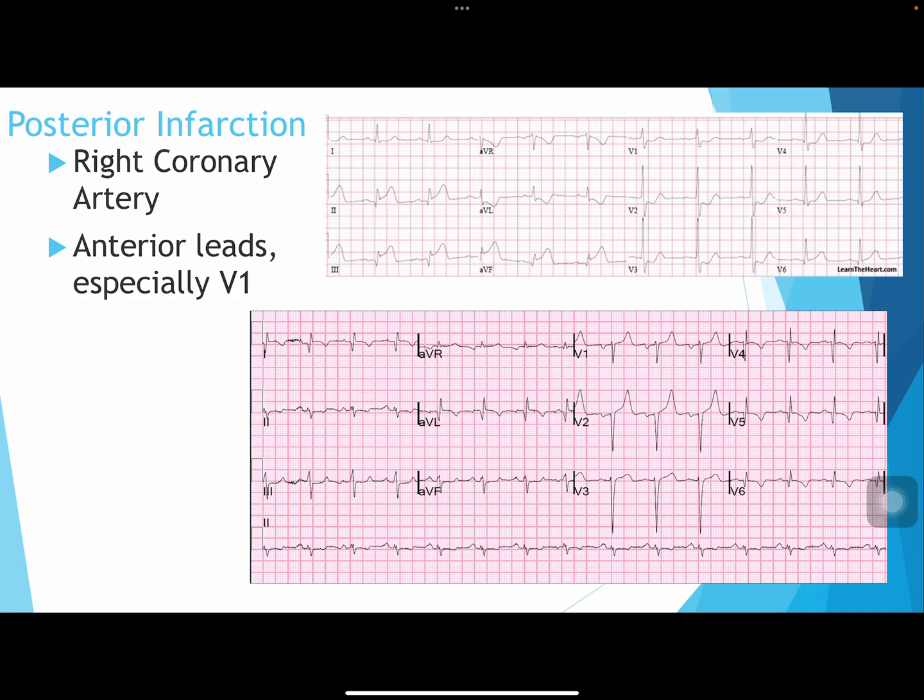So now we have that ST segment depression. So in a normal QRS complex at lead V1, we know that it consists of a small R wave and a deep S wave. So now when we have a tall R wave accompanied with ST segment depression, this is your sign of a posterior infarction.